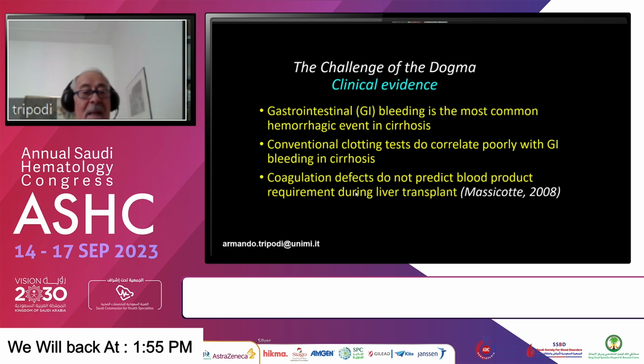We know very well that gastrointestinal bleeding is the most common hemorrhagic event in cirrhosis, but on the other hand, we know that the conventional coagulation tests correlate poorly with gastrointestinal bleeding in these conditions. And finally, as was shown by Dr. Massicot some years ago, coagulation defects do not predict blood product requirement during liver transplantation.